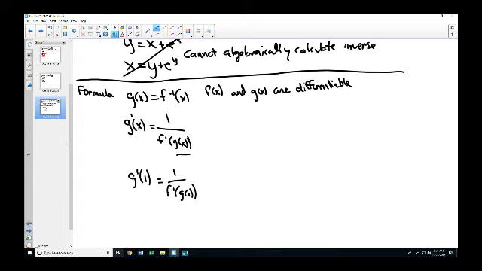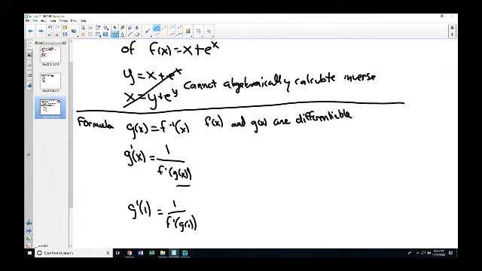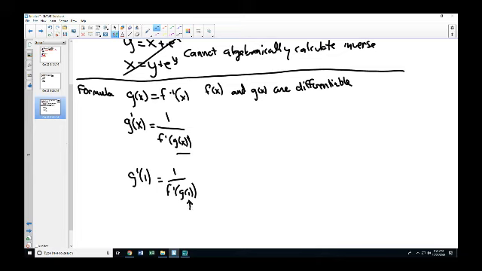Okay, can I calculate the inverse at 1? If the inverse x value is 1, that means the y value. Bingo, you switch the x and y. So the x in the inverse is the y in f of x.